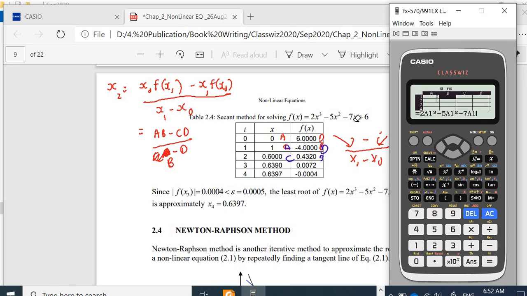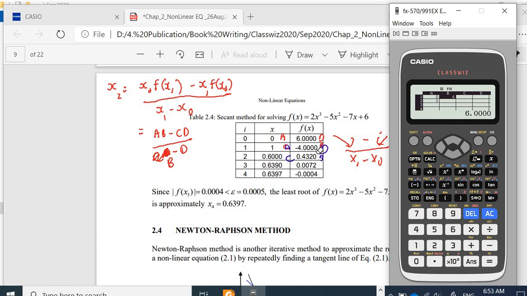Basically you just replace the x by the cell A1. So plus 6. In Excel you just click 2 and then multiply, you click the asterisk, and then your x is stored in A1, you may click the cell A1 and then cube, or you can type A1 also in Excel. Once done, you just press equal. So you got 6.